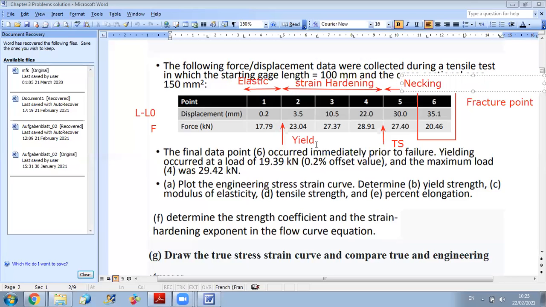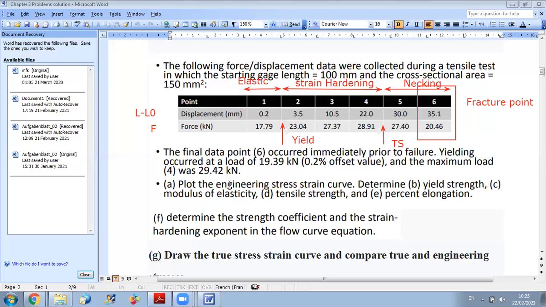So this analysis will help me after to know how to, for example, find the strain hardening coefficients, etc. So first, the first question is to plot the engineering stress strain curve. Whenever they ask for this, I should go back to the formula.